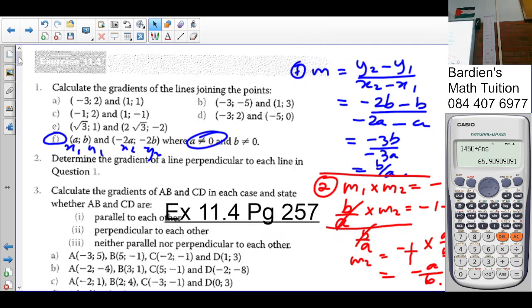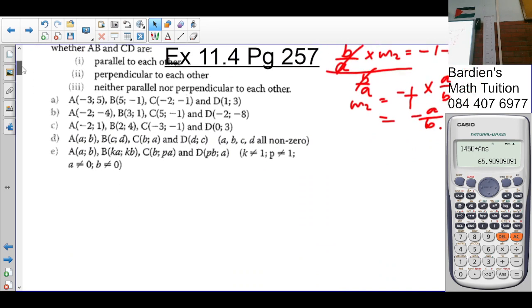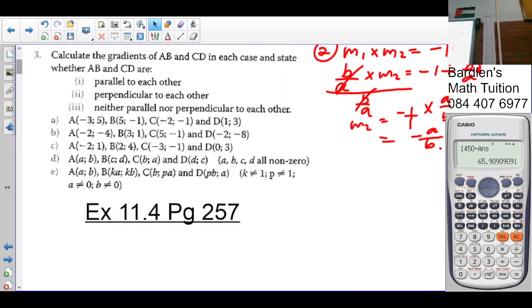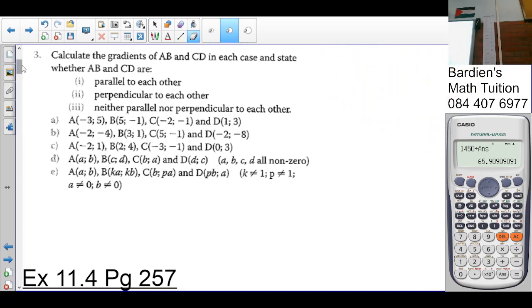In question 3, question 3 says, any issues with question 3 before I go into it? No problems. So you worked out the gradients. Which lines are parallel?